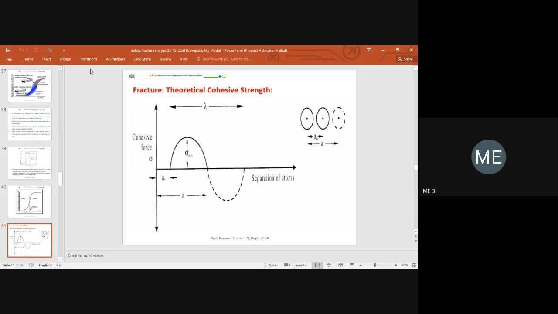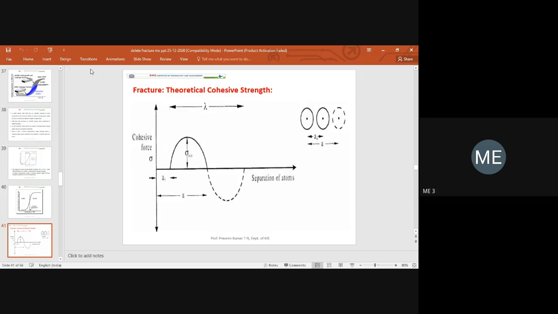There are thousands of lakhs of atoms. If you consider a 10 by 10 centimeter area, there may be lakhs of atoms. Each atom has bonding with another atom, and those bonds should be broken to get fractured surfaces. That is the case if you consider the overall material.